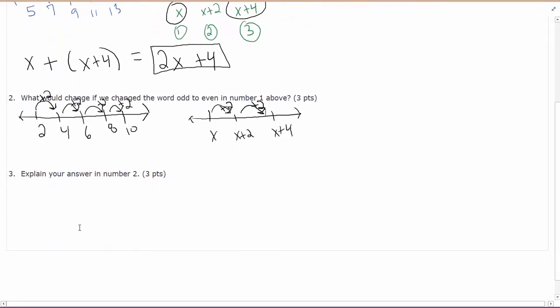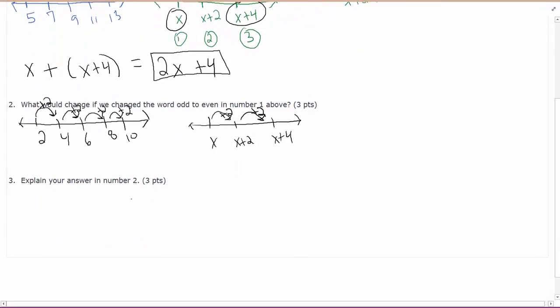Then number 3, you're giving an explanation for why this happens. Essentially, if you're looking at odd numbers, you're trying to skip over the next number, which would be even each time. Like if we were looking at odd integers, on a number line we would have 9, 10, 11, 12, 13, 14, and so forth.